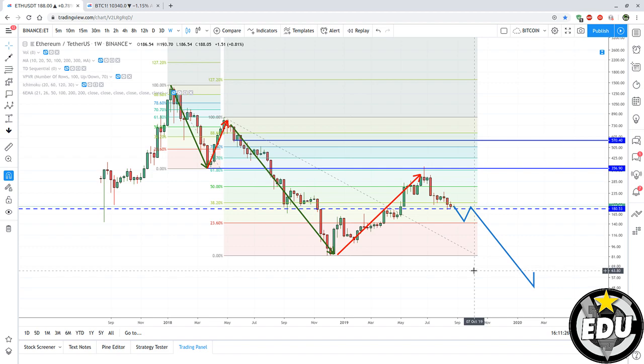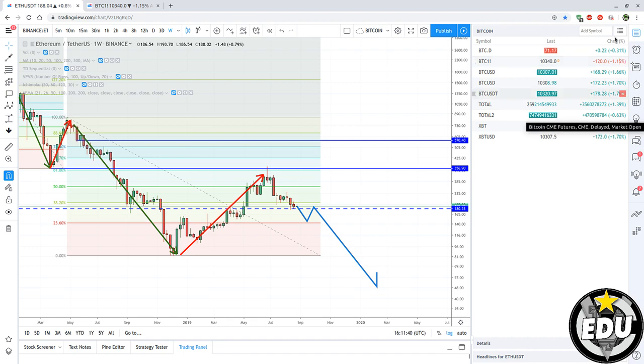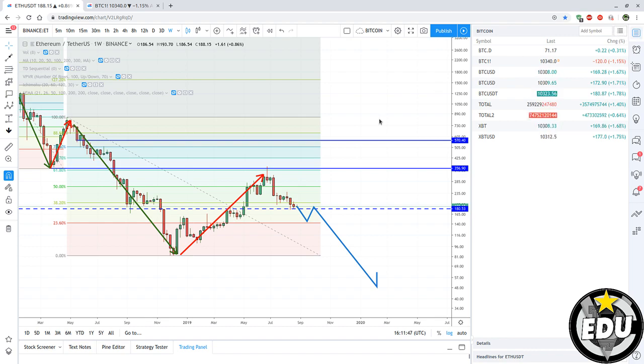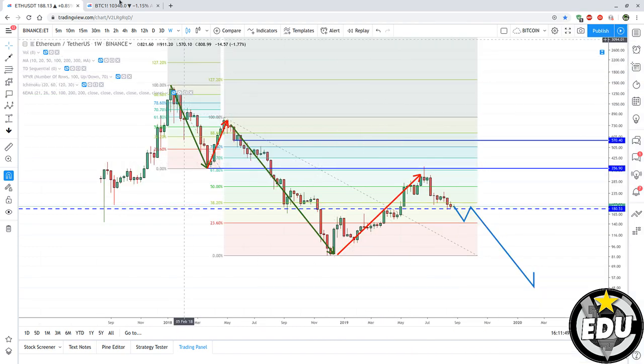So that's it, guys. We gotta check those levels on Ethereum, LTC, and then Bitcoin. I've been at it for 2 hours. What else? I don't really want to check other altcoins. No need to check out other altcoins right now.